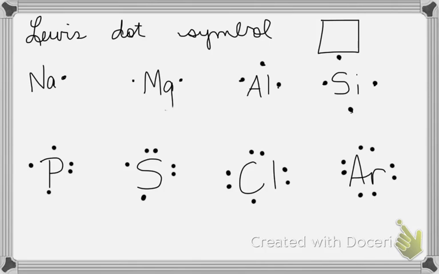If this is the Lewis dot symbol for chlorine, which has 7 valence electrons, wouldn't everything in group 17 have 7 valence electrons? You're just going to have a different symbol in the middle, whether it's fluorine or chlorine or bromine or iodine. So everything in group 17 will like to form just 1 bond.